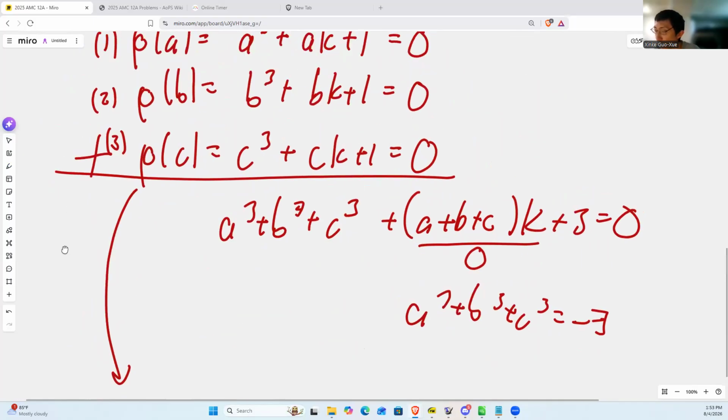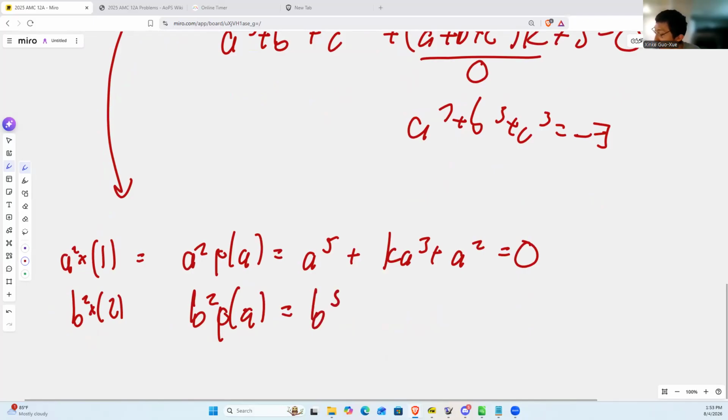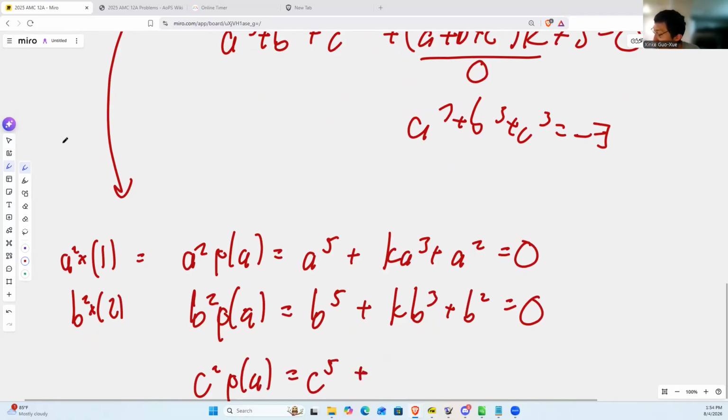We'll do something similar to equations 2 and 3. So b squared times the second equation is b to the 5th plus kb cubed plus b squared, is 0. We'll multiply the third one by c squared.